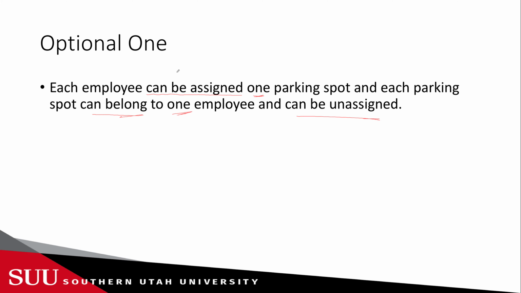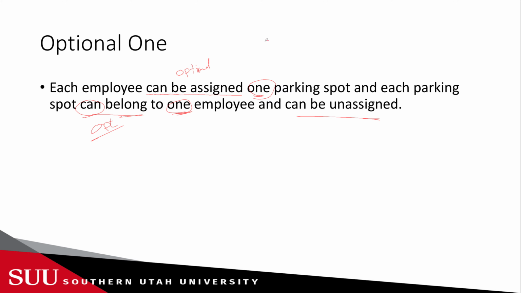So this means I have an optional case here, and I have the same here. This is optional, and then my maximum here is 1 and my maximum here is 1.